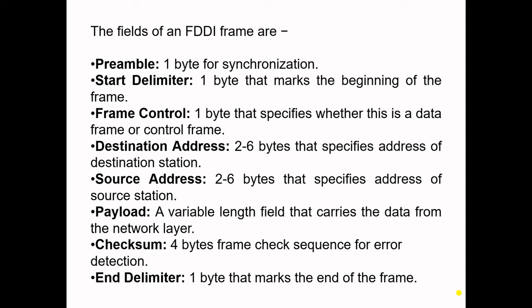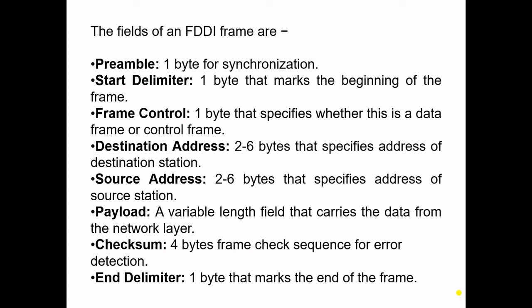Now these are the fields of FDDI. The preamble field takes 1 byte and it is used for synchronization. The start delimiter field uses 1 byte that marks the beginning of the frame, because every frame has its beginning and its end also.